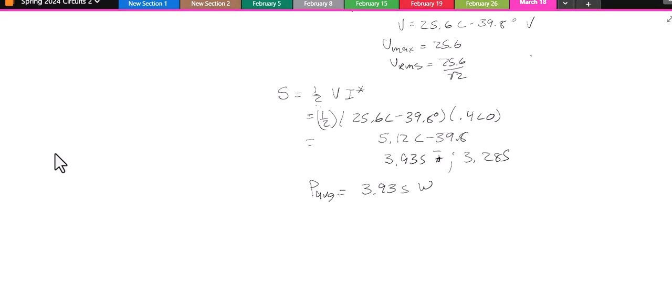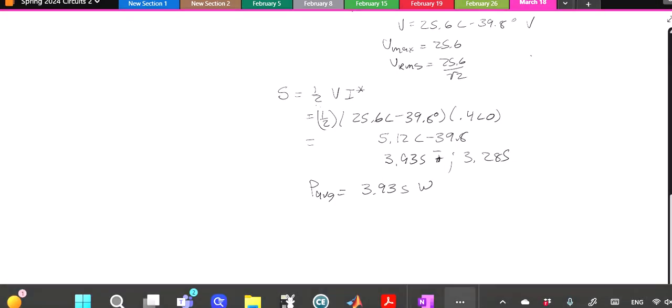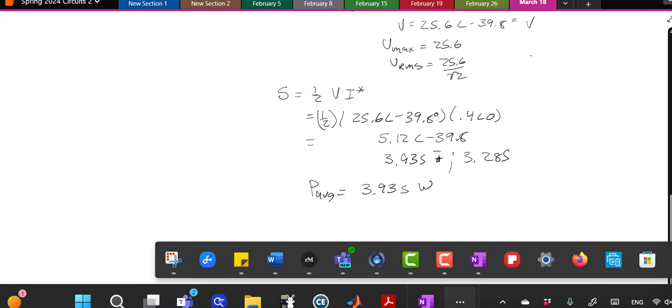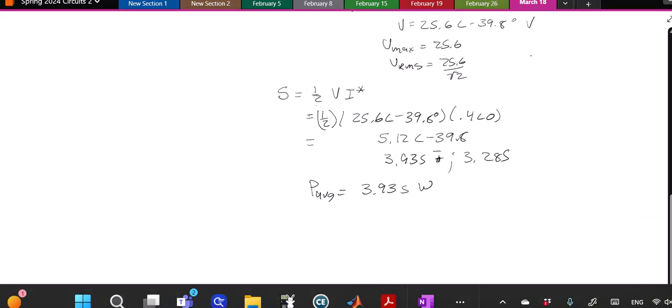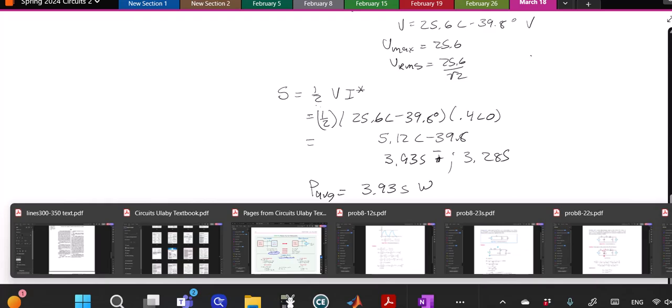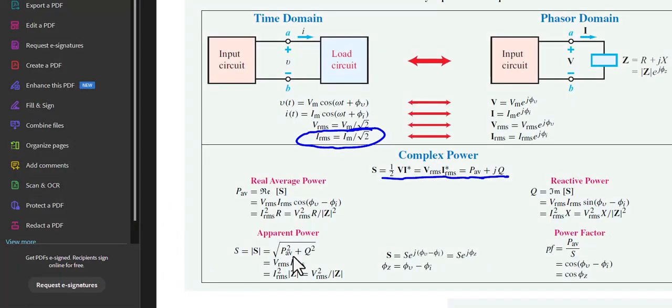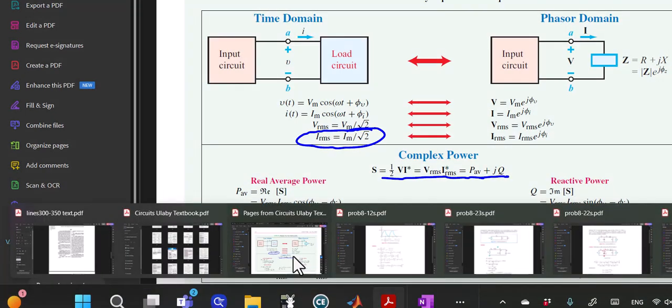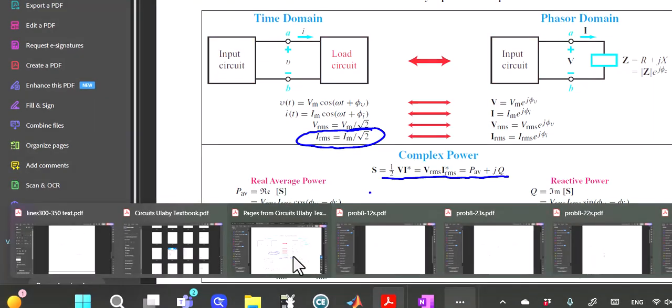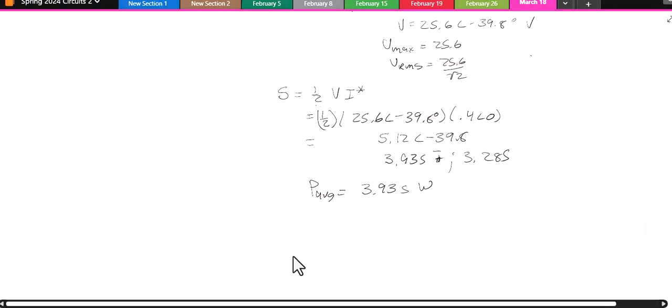Now let's see how that works if we do what it seems like people like to do, which is to say that it is V I cosine theta. Okay, remember these are RMS.